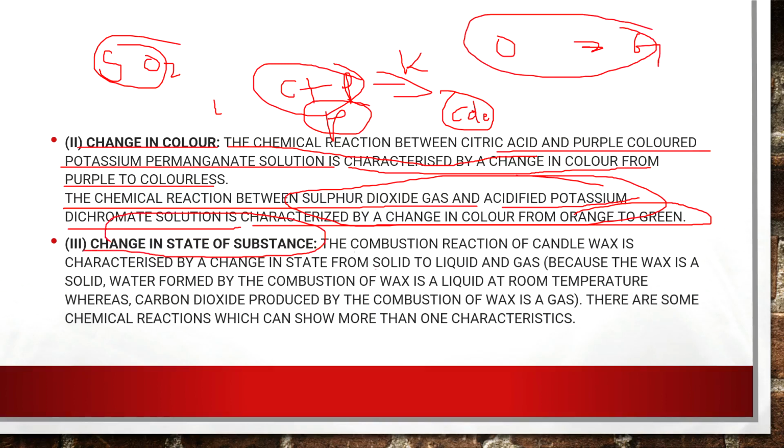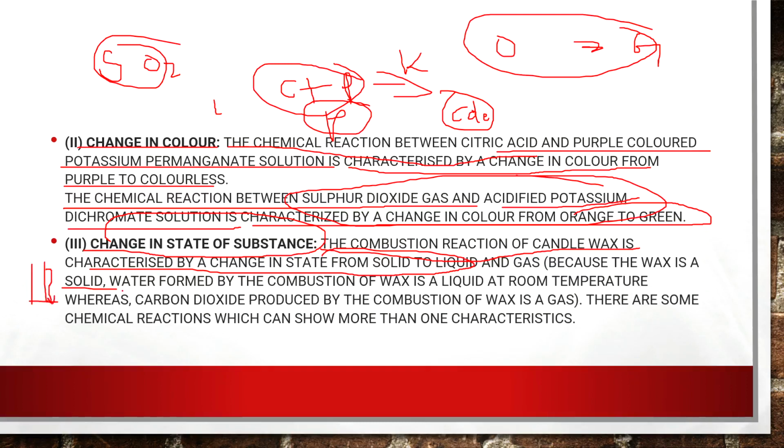Change in state of a substance. The combustion reaction of candle wax is characterized by a change in state from solid to liquid and gas. Because the wax is a solid, we all know that a candle is a solid. Then it forms a small droplet here, right?